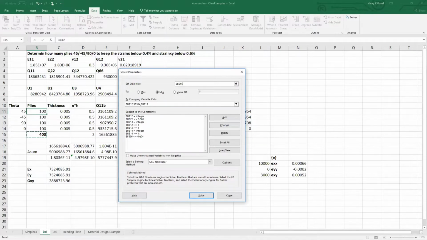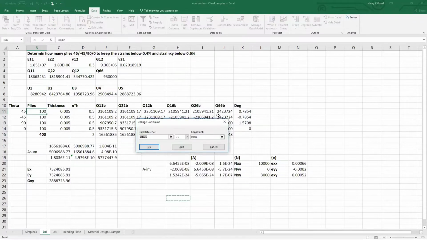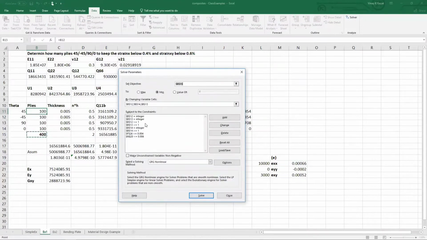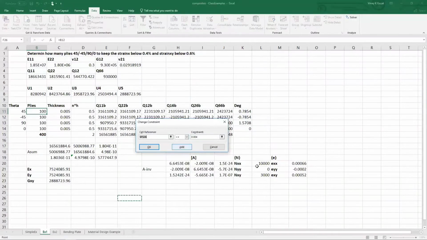So that's why we have those constraints. Here, I need to change that because that is incorrect for our situation. In our situation, we want this strain to be less than that. So we hit OK and fix that. And then we need to fix the shear strain, which needs to be less than 0.004, 0.4%. So let's change that. So this one right there is this one.